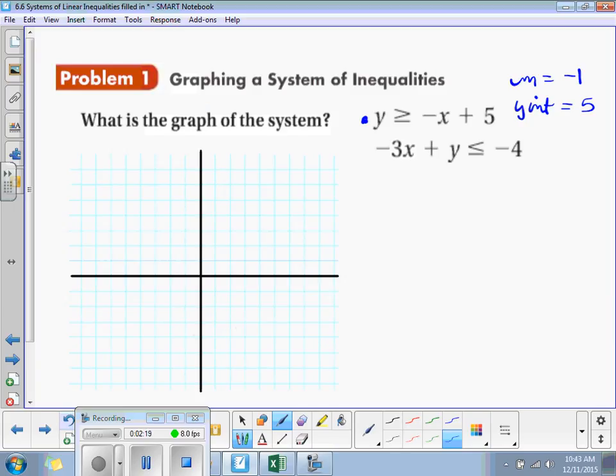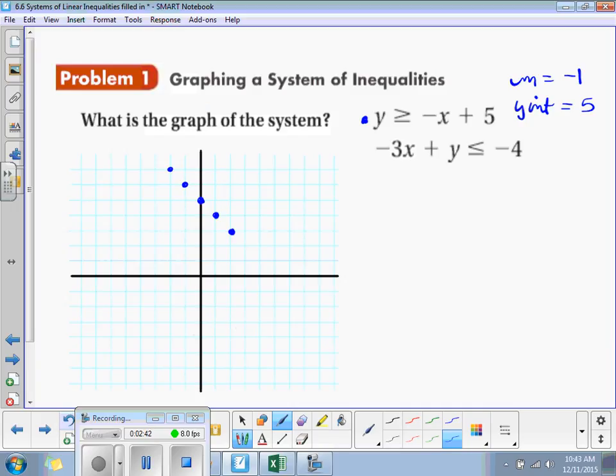And the slope tells me to go down 1 and to the right 1. Or I could go up 1 to the left 1.